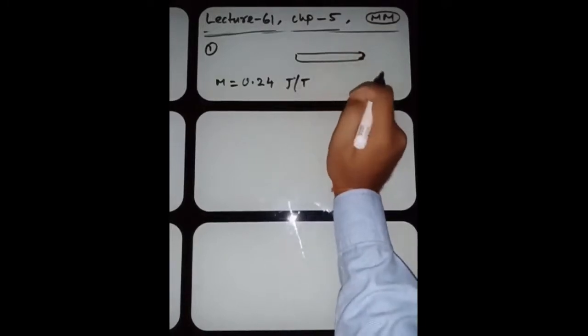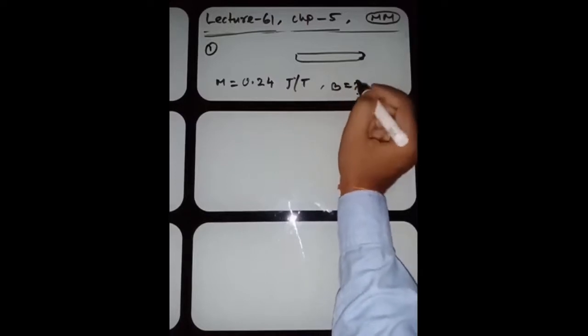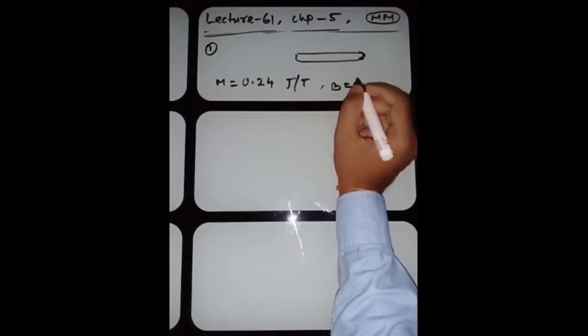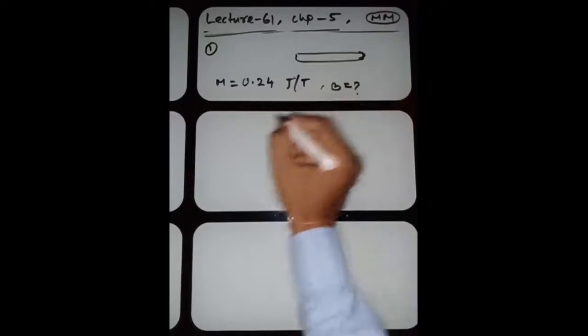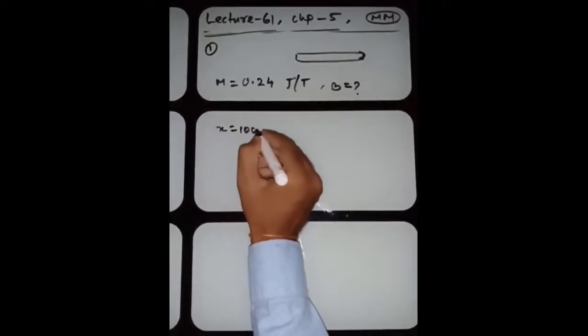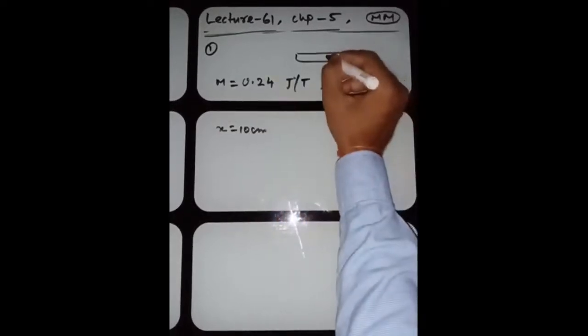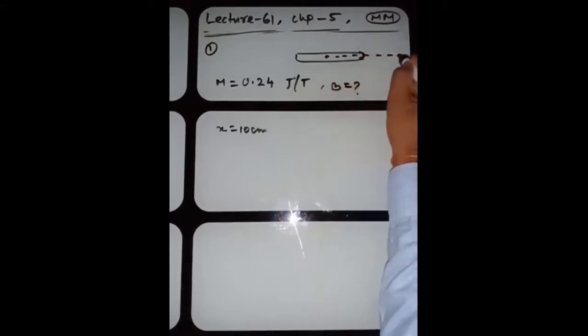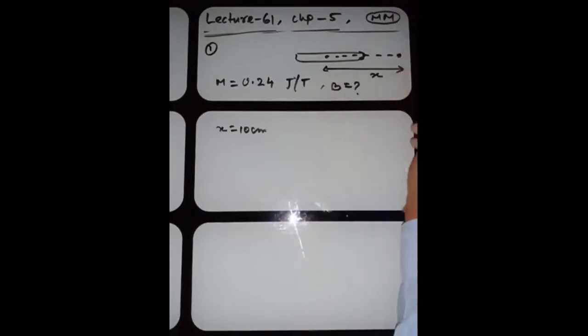You have to calculate the magnitude of the magnetic field, you have to find B, produced by the magnet at a distance of 10 centimeter from the center of the magnet on its axis. From the center you have to find the magnetic field at this distance.